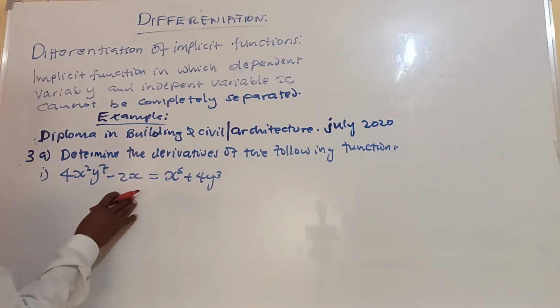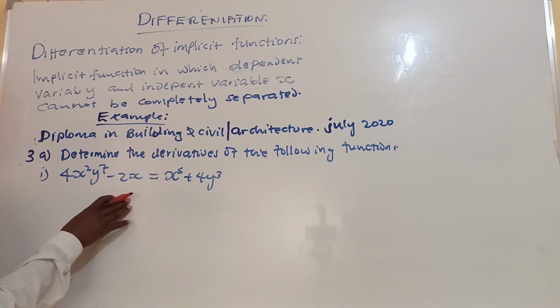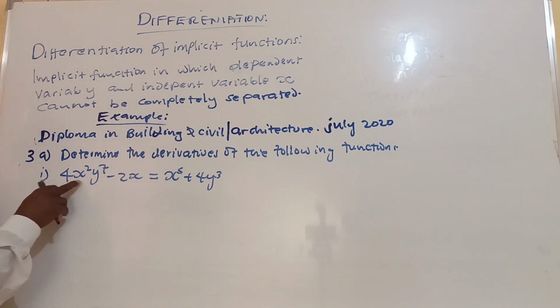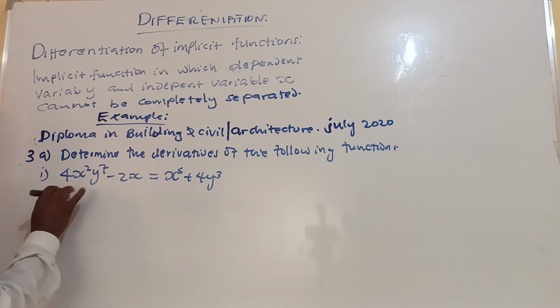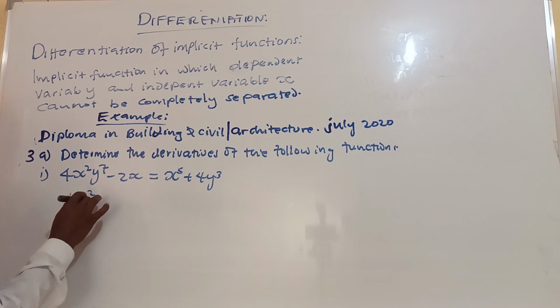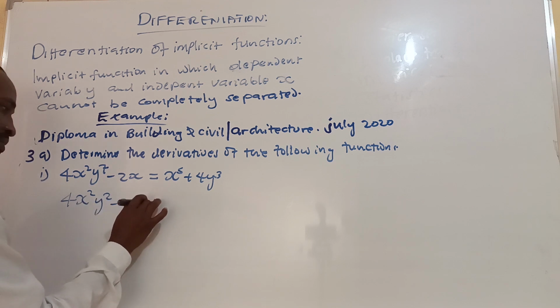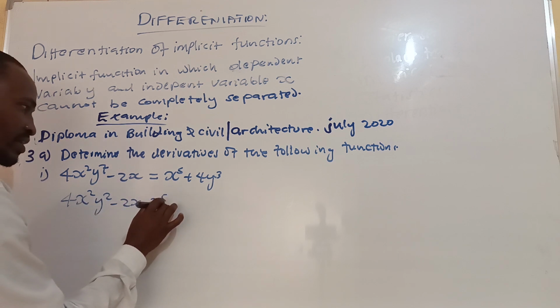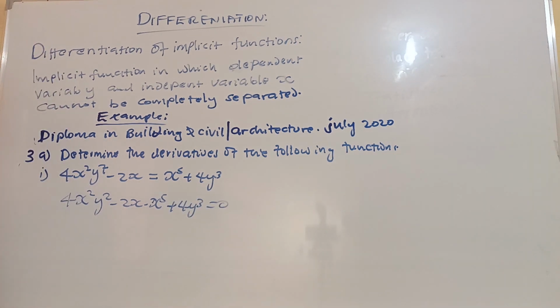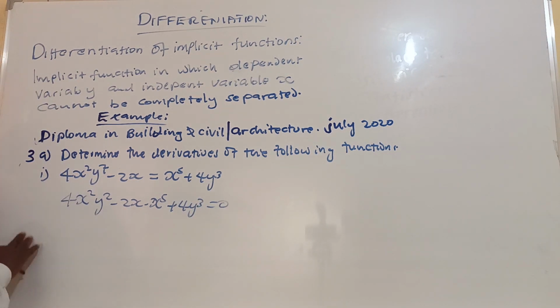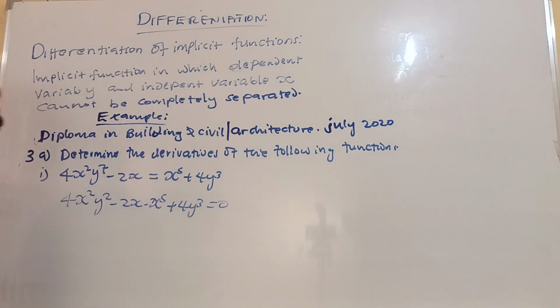So if you look at this equation, it's not possible to completely separate the values of x and y because of this term here that has 4x squared and y power 7. We bring all these terms to the other side. We have 4x squared y power 7 minus 2x minus x power 5 plus 4y cubed is equal to 0. Then you can differentiate through with respect to x.